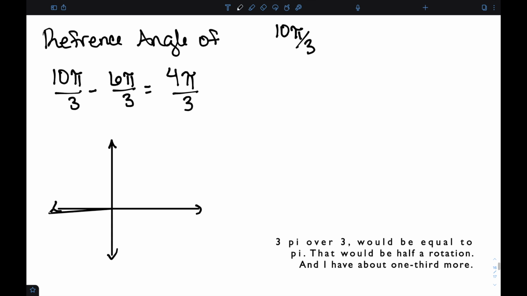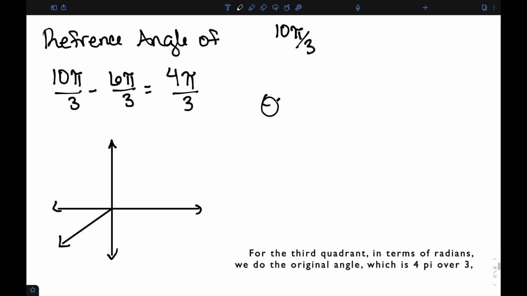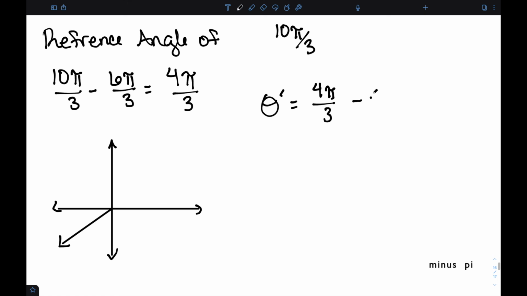That would be half a rotation, and I have about 1/3 more. So about right here. That's in the third quadrant. For the third quadrant, in terms of radians, we do the original angle, which is 4 pi over 3, minus pi. So theta prime is equal to pi over 3.